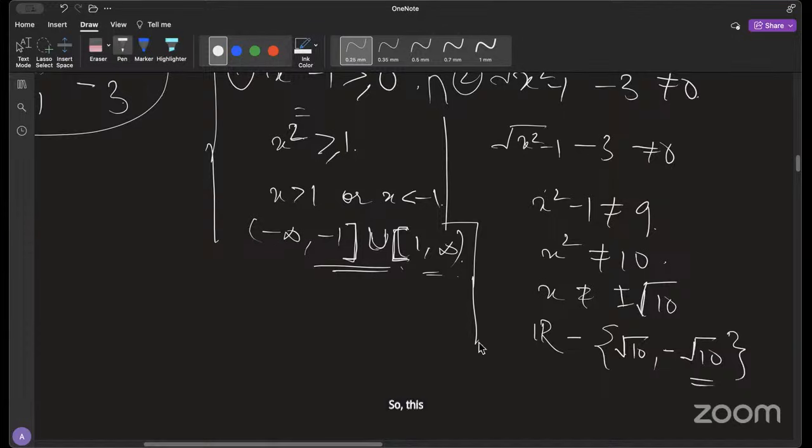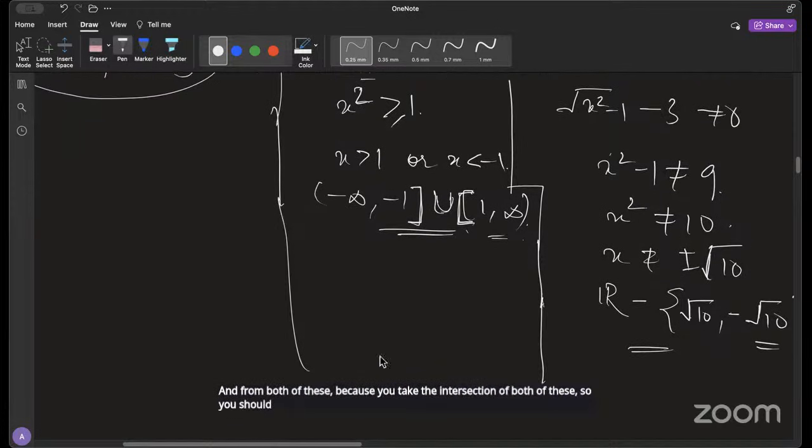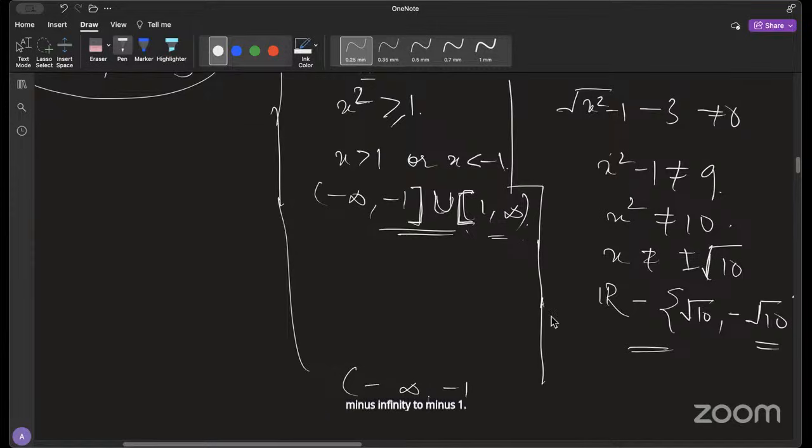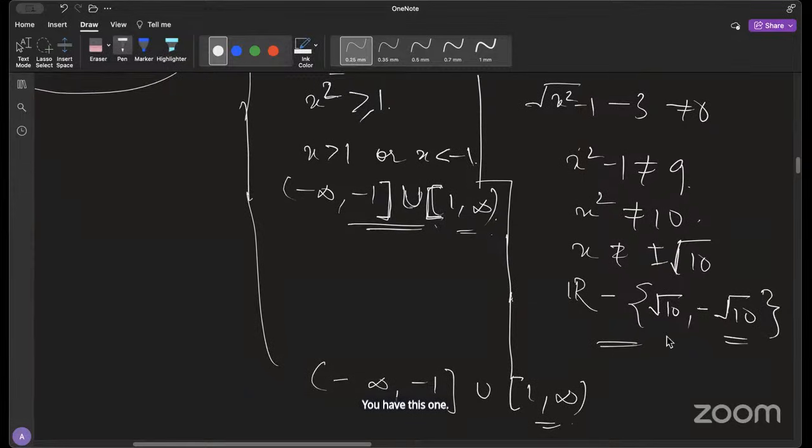So from the second condition, you will get this: R minus root 10 and minus root 10, right? And from both of these, because you take the intersection of both of these, so you should get minus infinity to minus 1. When you take the intersection of both of these, what that means is you just remove root 10 and minus root 10 from here, right?